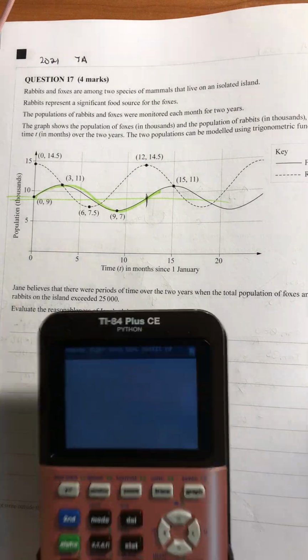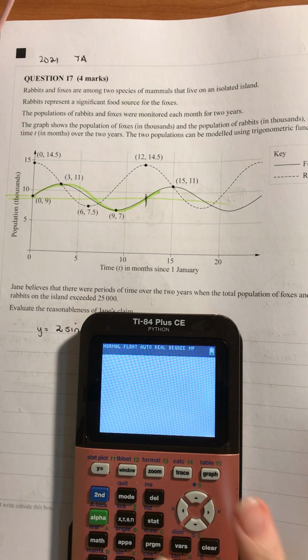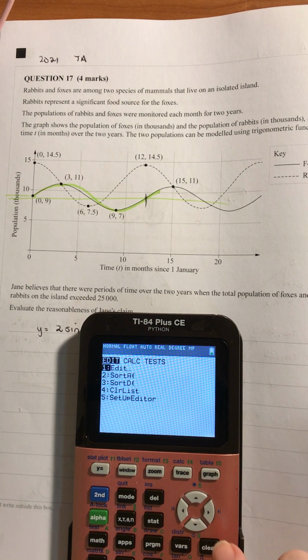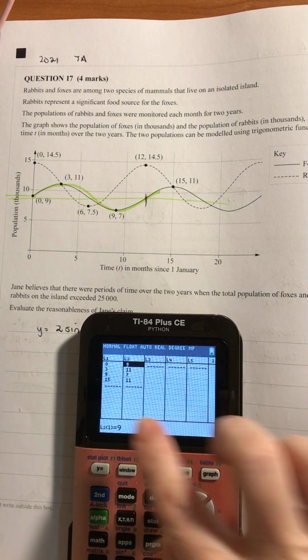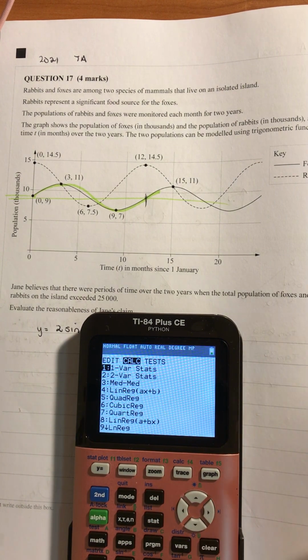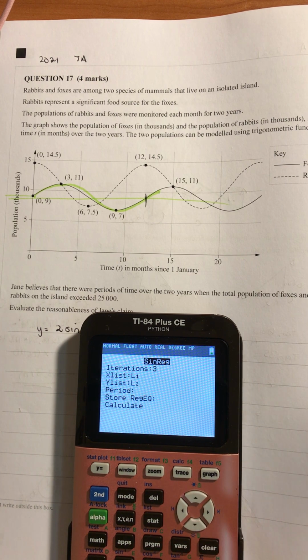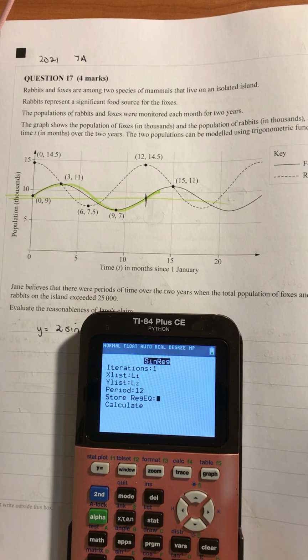Another option, if you're familiar with your calculators, is to go and use your sine regression. So not sure if it ends up being that much easier. You're putting in your values, you need to go over to calc, look for the sine reg. There's one iteration, as in 1 cycle, and you need to tell it what the period is.